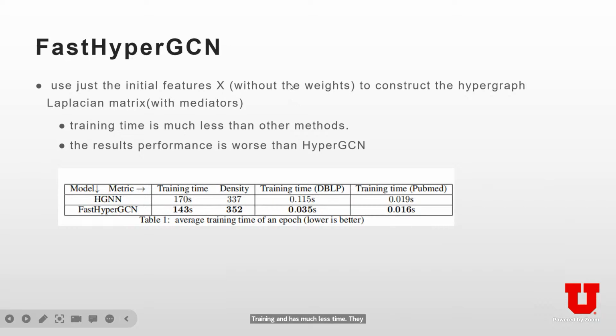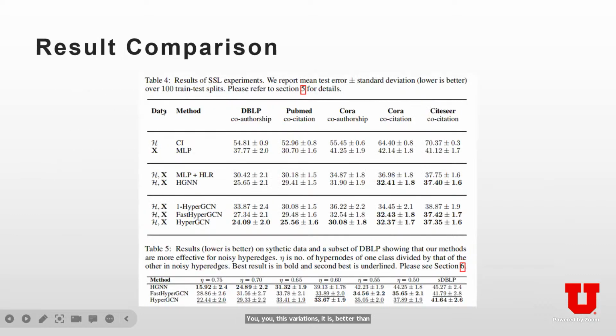They use much less time to train the fast hyper-GCN, and also in these variations it is better than one hyper-GCN. You can see the result comparison in these 3 versions, and one hyper-GCN is the worst, and the hyper-GCN has better performance here.